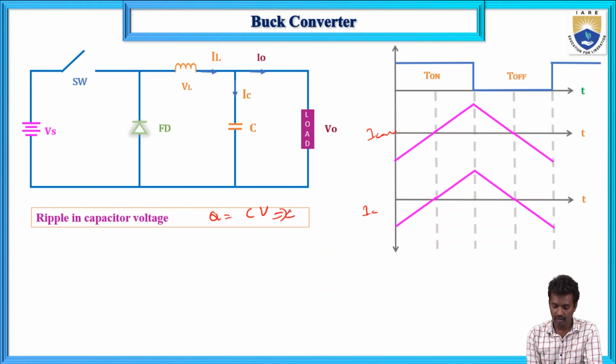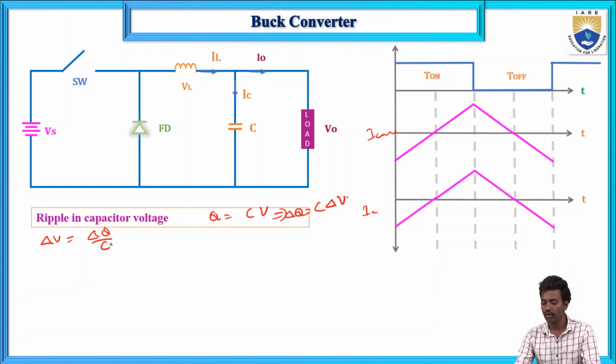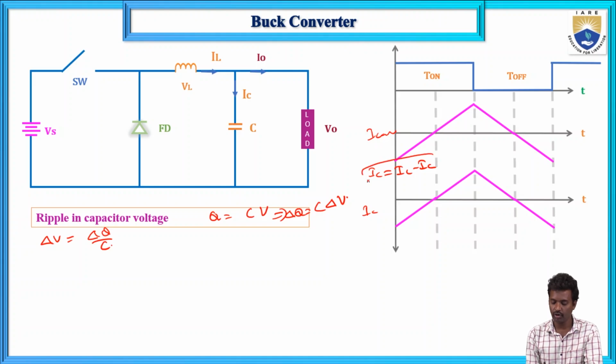That means delta Q equals C into delta V, so delta V equals delta Q by C. Now what is delta Q? Here IC equals IL minus I naught, we know this formula. From this you subtract this one, and you will get this one.